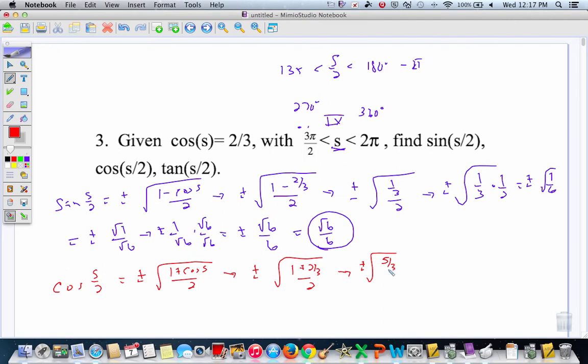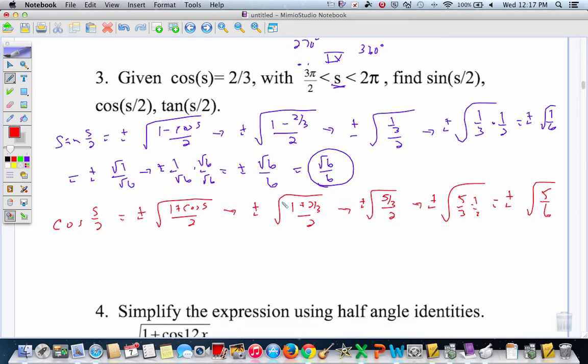In this case, plus or minus 1 plus 2/3 is 5/3 divided by 2, or 5/3 times a half. So we have plus or minus the square root of 5 over 6. We'll do some more simplifying here.